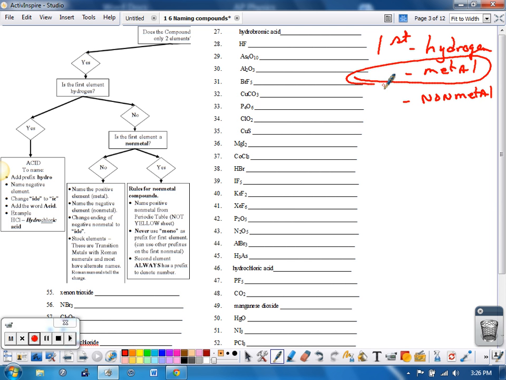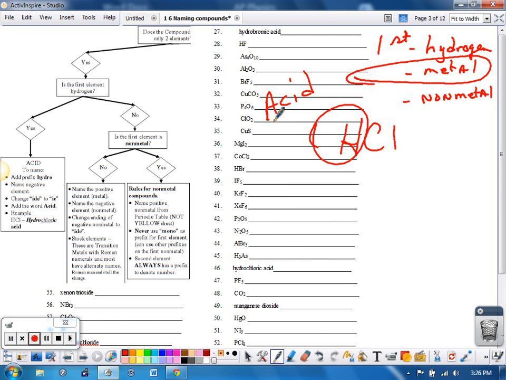With one class I've covered this, with the other one I haven't. So let's go over that now. When I look at a compound and it says HCl, hydrogen is a nonmetal, but it's a special nonmetal. That hydrogen tells me it's an acid. As soon as I see hydrogen, I say acid.